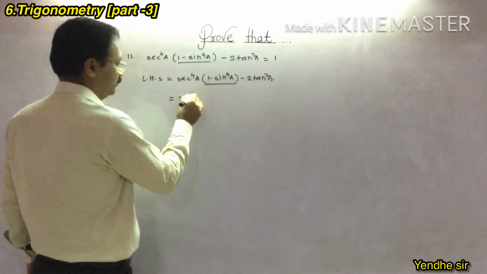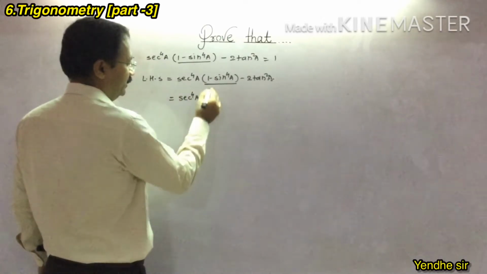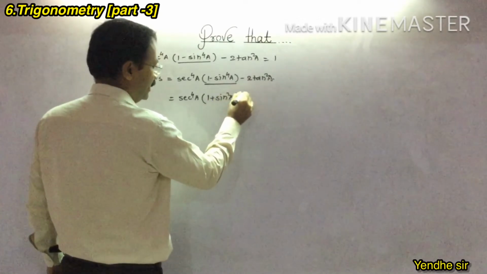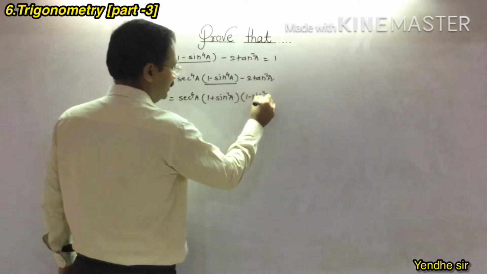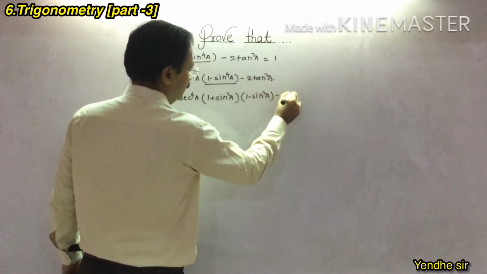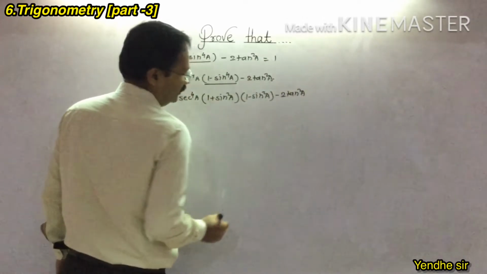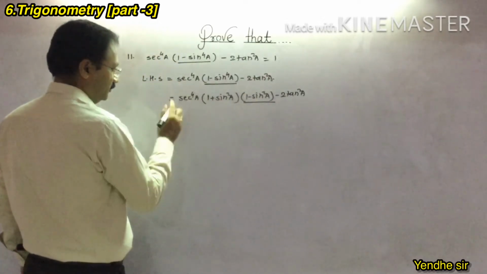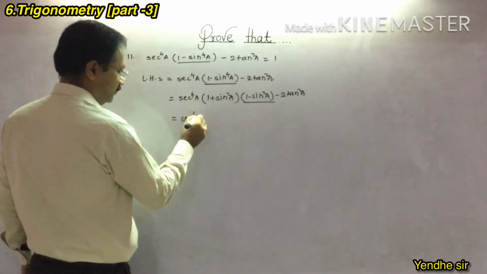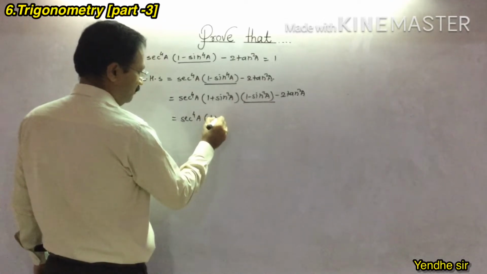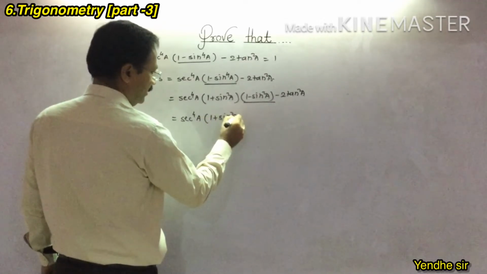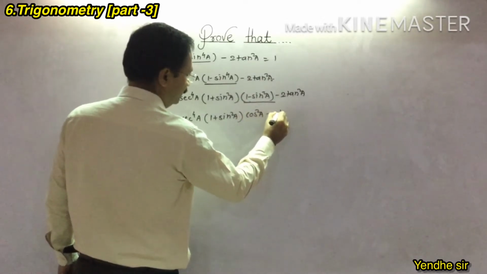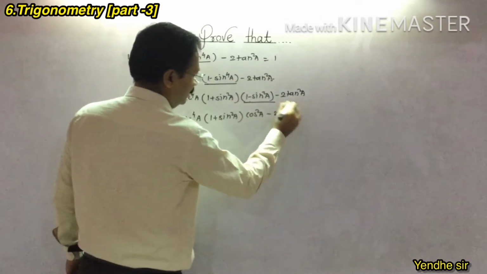For sec raised to 4a, in bracket, this I know that 1 plus sin square a in one bracket and 1 minus sin square a in another bracket, minus 2 tan square a. Then instead of this one, we know the formula for this one. Sec raised to 4a in bracket 1 plus sin square a, and instead of this I am going to write cos square a, minus 2 tan square a.